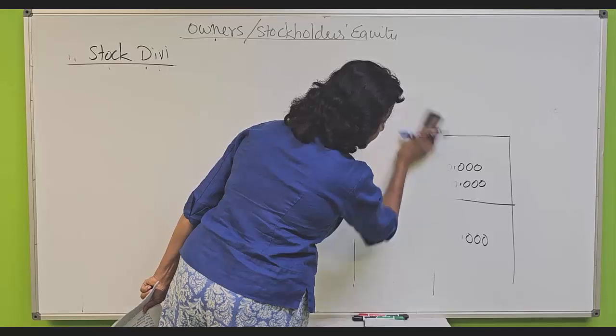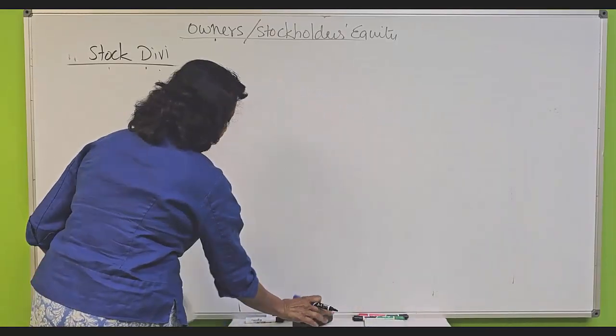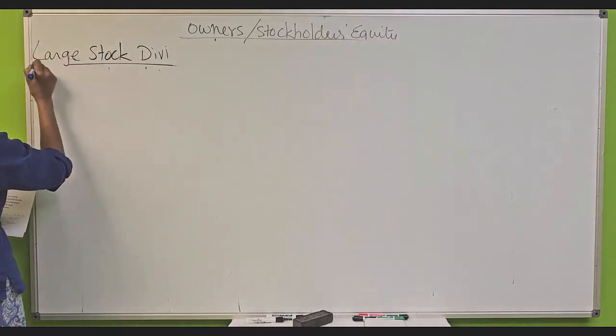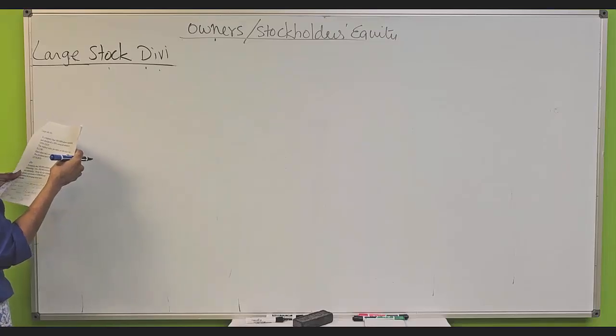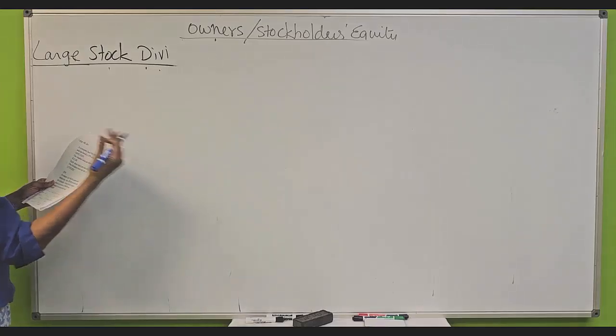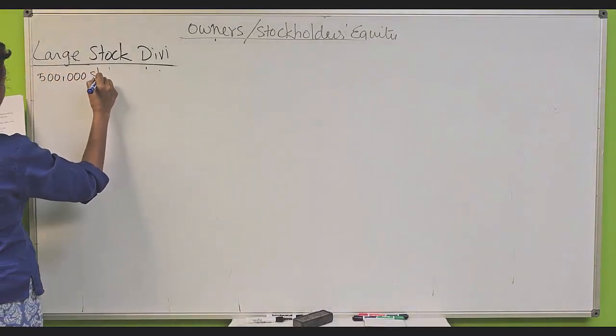So here, the problem indicates this is the large stock dividend. Okay, again here, everything else is the same, 500,000 shares outstanding.